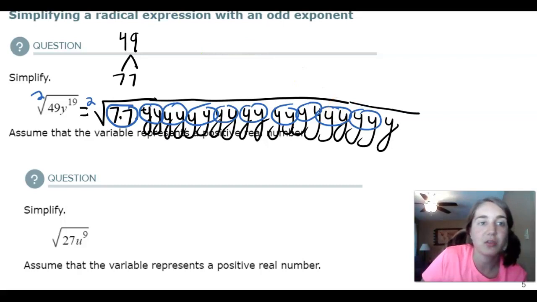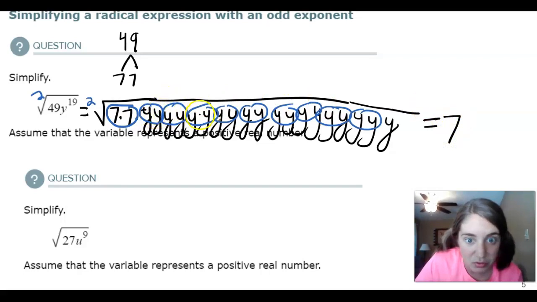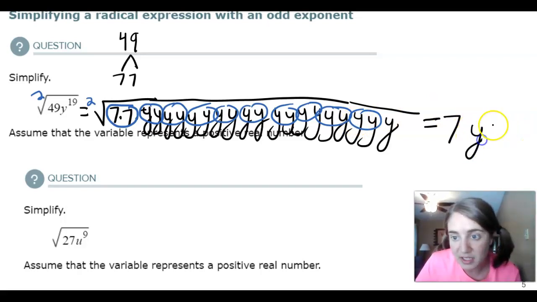And I see that when I simplify this, one group of 7's is able to come out, and then 1, 2, 3, 4, 5, 6, 7, 8, 9 groups of y are able to come out, and 1 y is left on the inside.